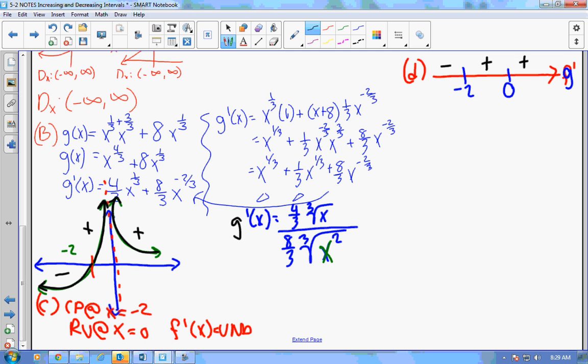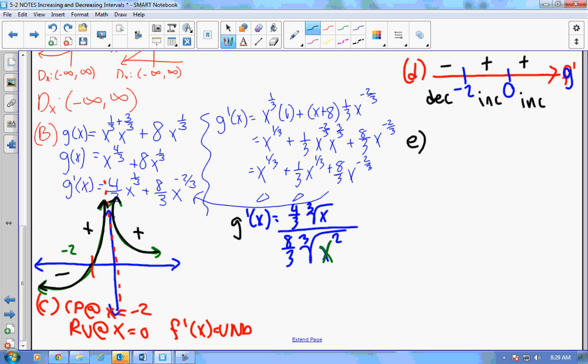Because the derivative is positive, the original function, g, is not decreasing, it is increasing. Okay, so here we have our function be decreasing, increasing, increasing.